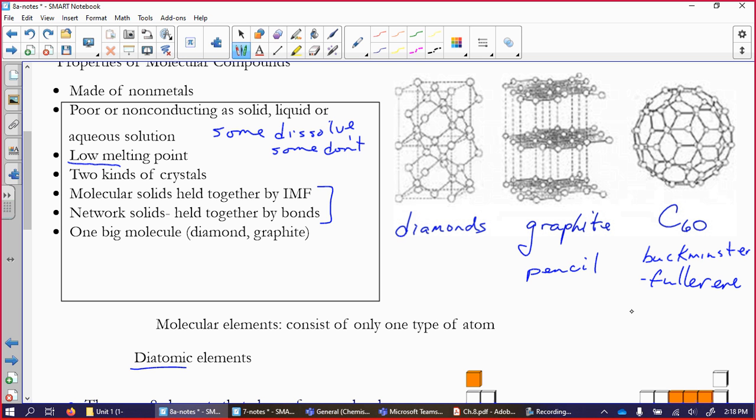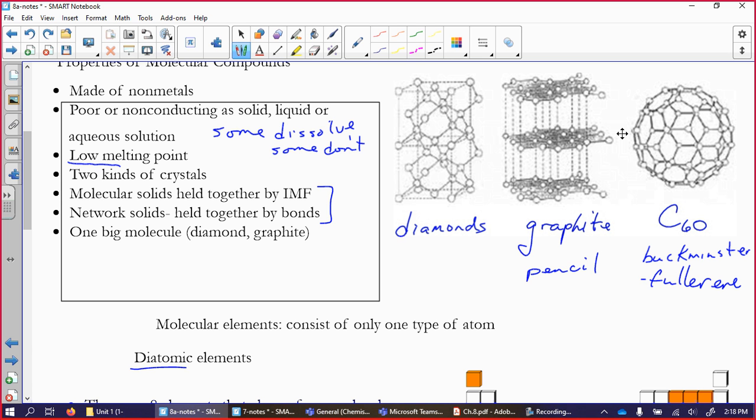Buckminster Fuller was the last name of an architect in the early part of the 1900s, and he designed, for people my age, the geodesic domes at Expo 67 in Montreal. Not that I was alive in 1967, but also the one in the Epcot Center.